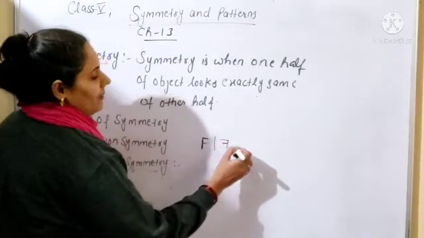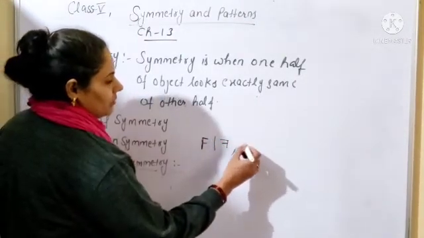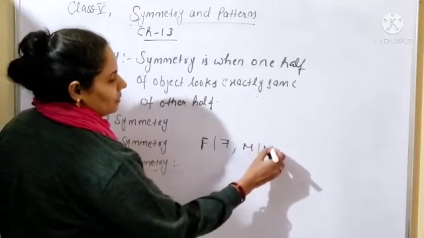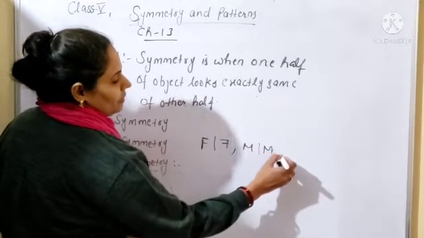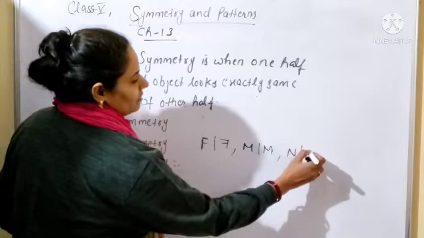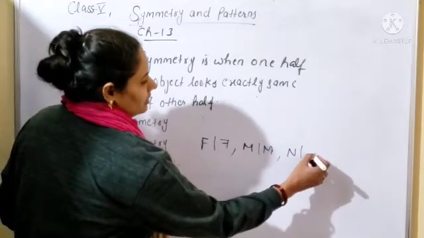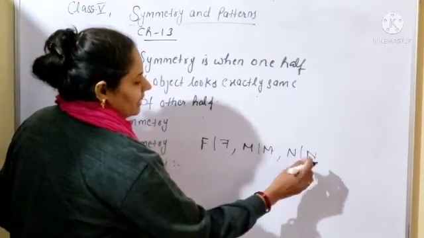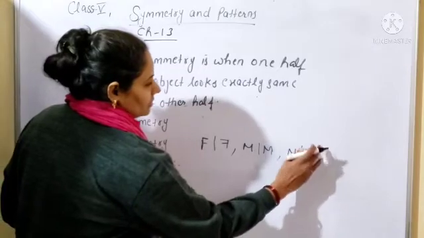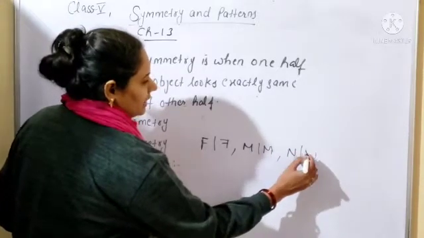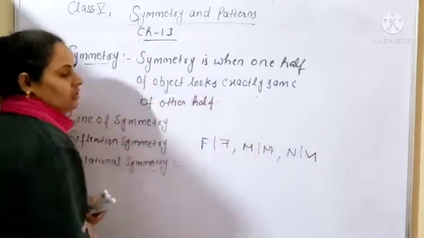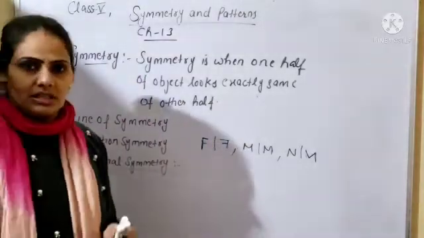And if you reflect M, M will look the same. If you reflect N, it will look like that. So this is called reflection symmetry.